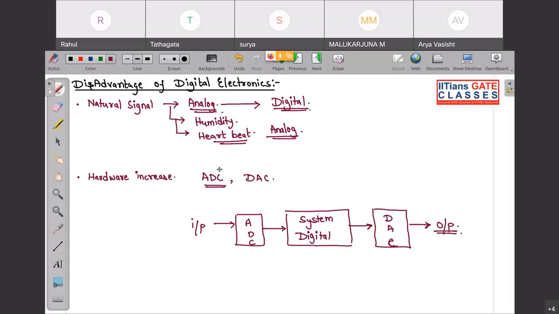So usually hardware increases, and due to the increase in hardware, complexity also increases.